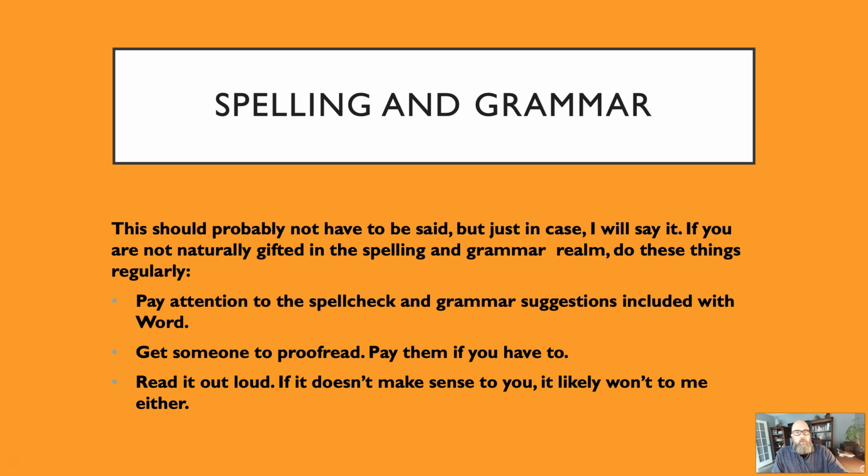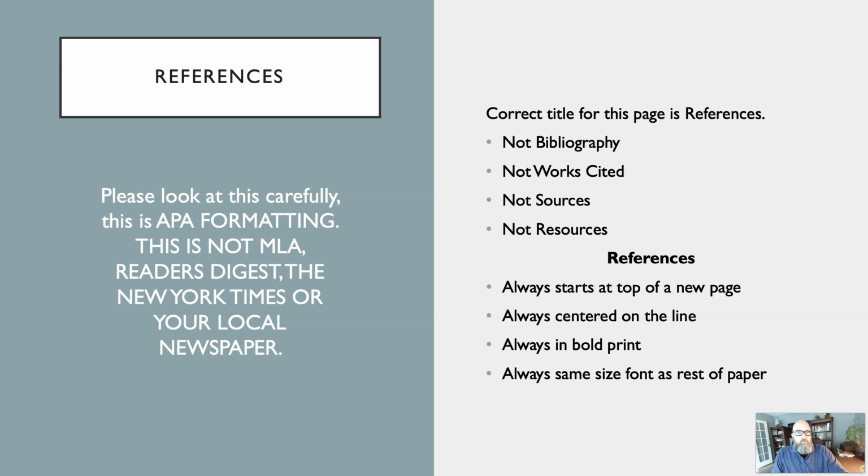And now, as Paul Harvey says, the rest of the story. The references page is probably the most common place where we get mistakes. And it's also the place where you really need to be very careful what you're doing. Throughout this entire program, you will be using APA journal style.